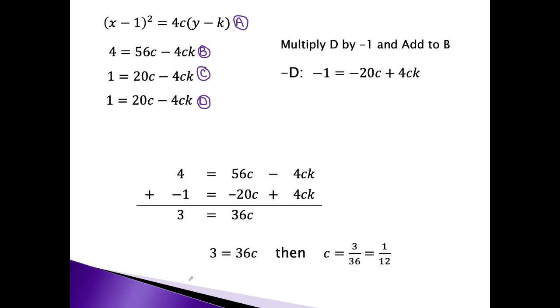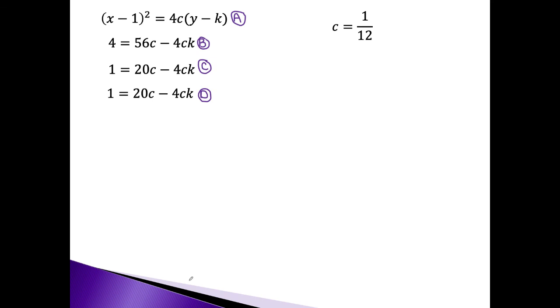Then solving for c, we have c equals 1 over 12. Using our A, B, C, and D equations, and that c equals 1 over 12, we're going to put c into equation C to find k.